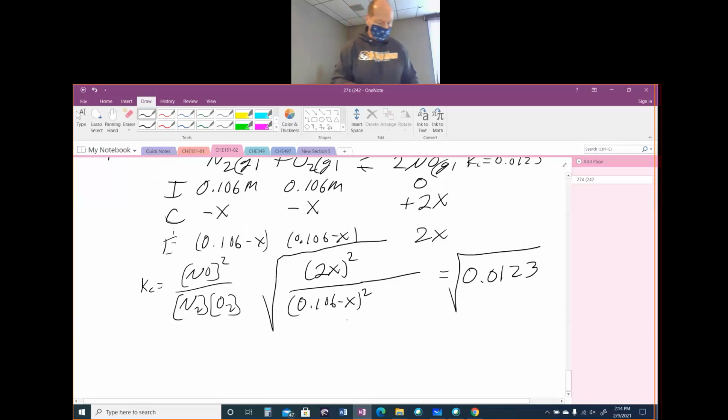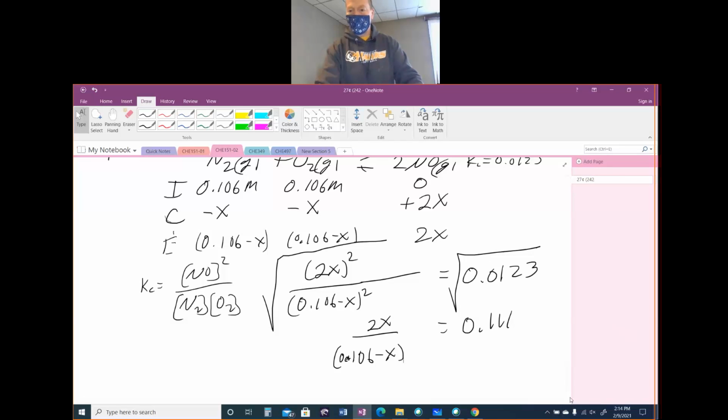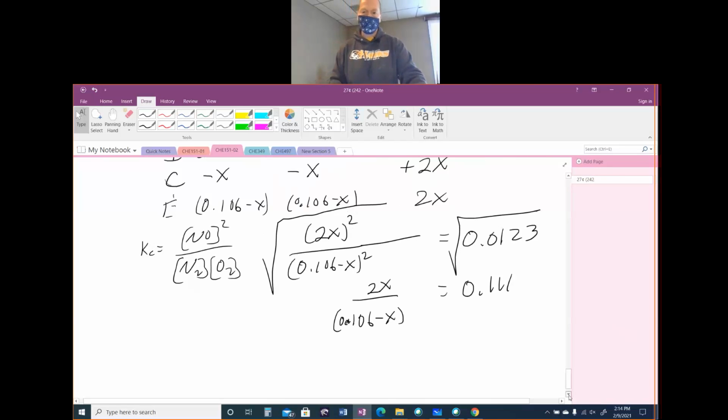You take your 0.0123 and the square root of that, and you get 0.111. You end up with the 2x in the numerator, 0.106 minus x in the denominator. So now you just have a simple Algebra 1 solve the problem question.